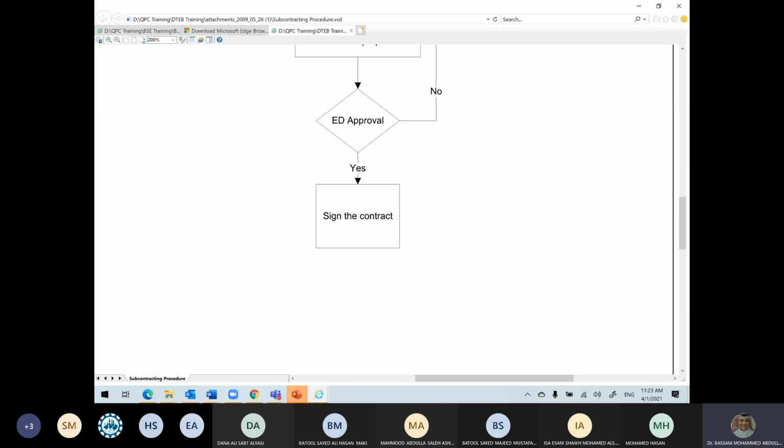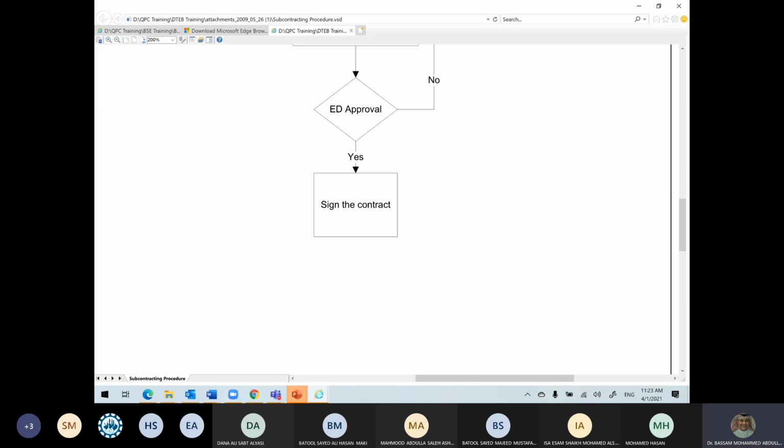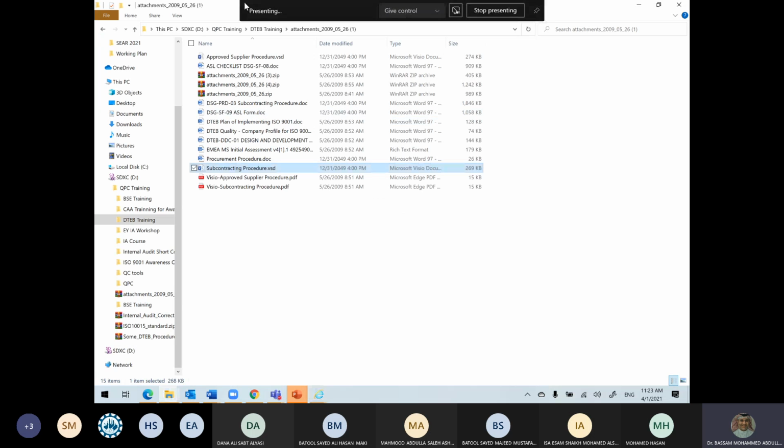So I may need to include here, I cannot draw here, an arrow and put an end in an oval shape just to show that this is the end of the process. So that is an example that you can see here.